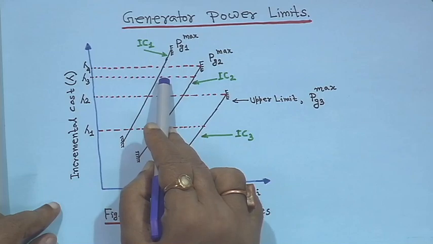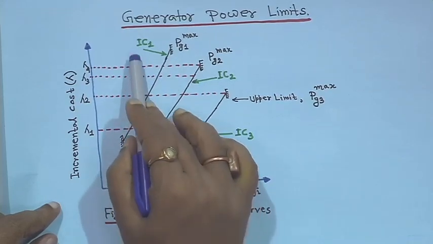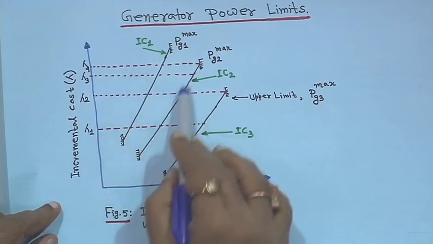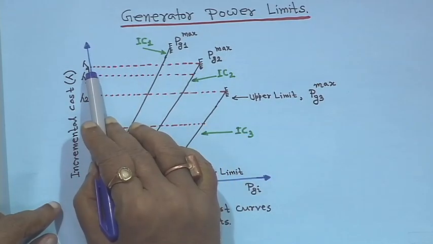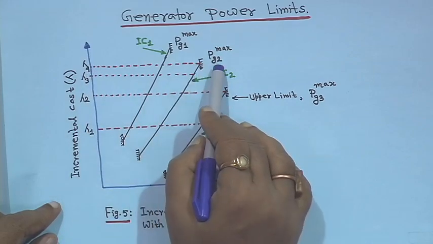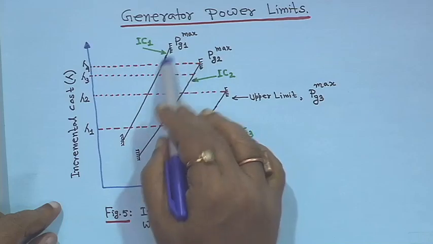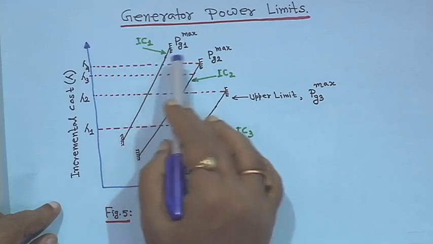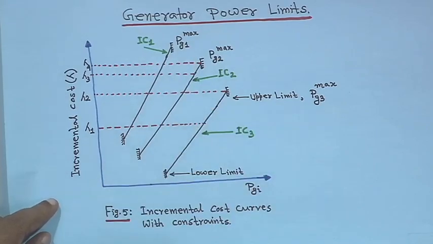Again the load is increasing, again you move this line upwards, and finally it will come here, Pg2 max. At that time it is lambda 4. So, at this point Pg2 has to be set at Pg2 max. And if the load is increased further, only this unit will take it, till it reaches its maximum value.